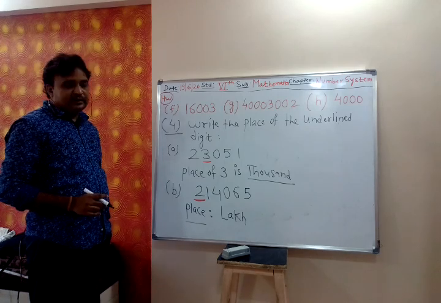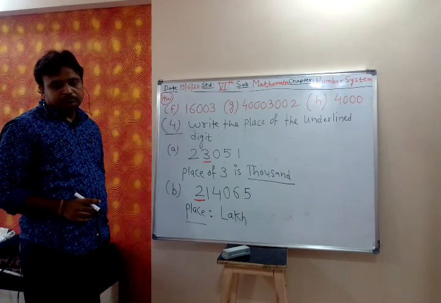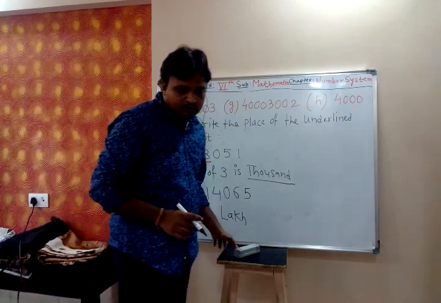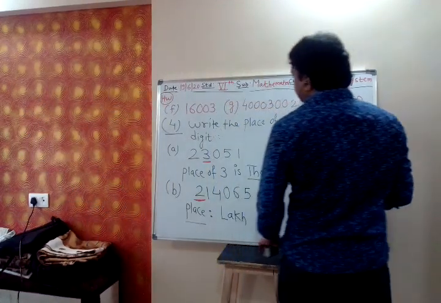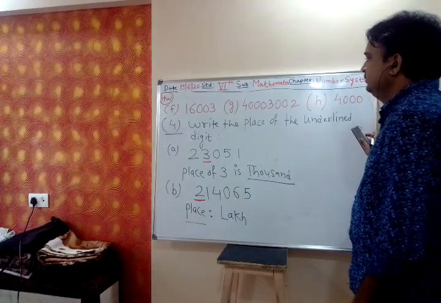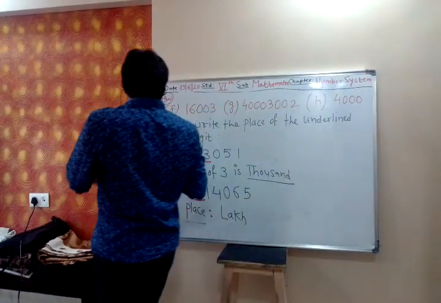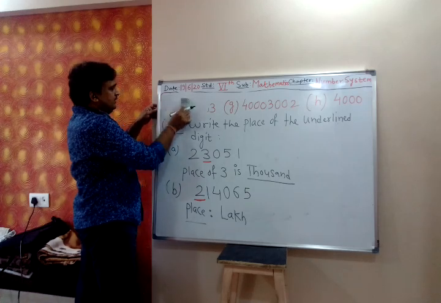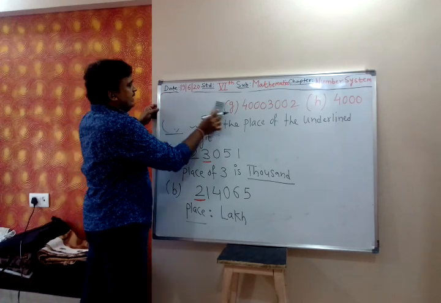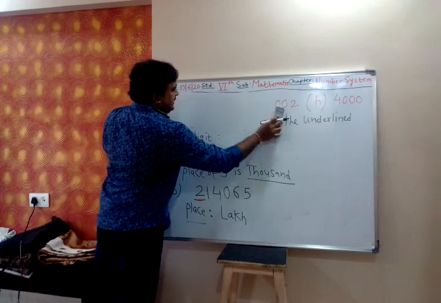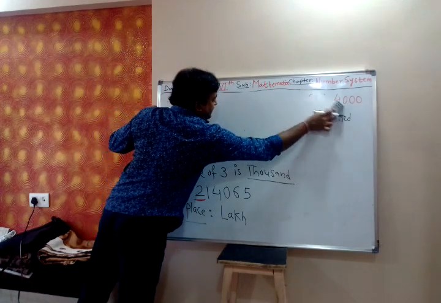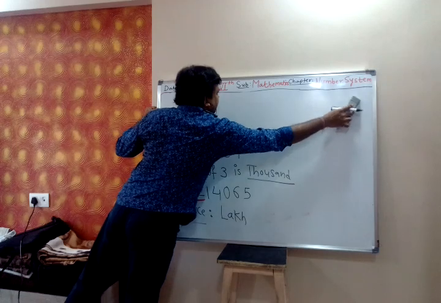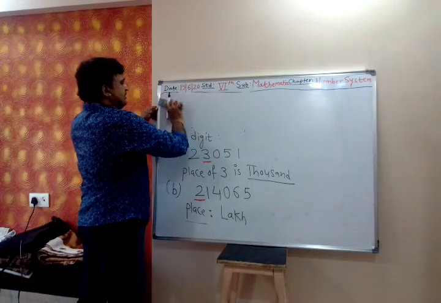Place means you have to mention the position. Place means you have to write the position at which the number is there.